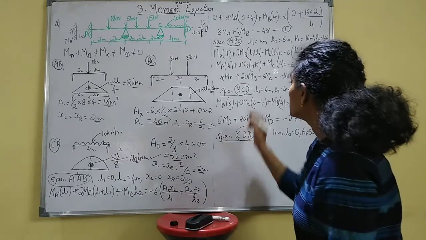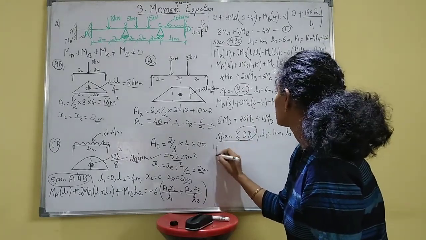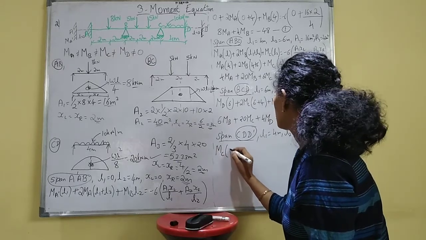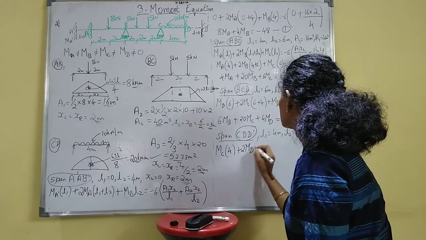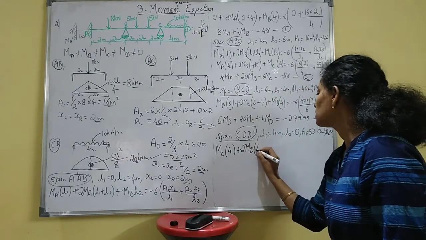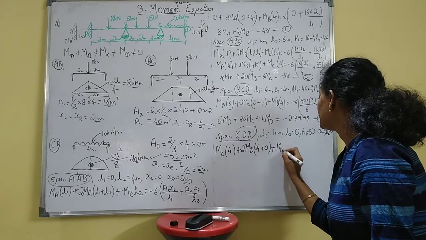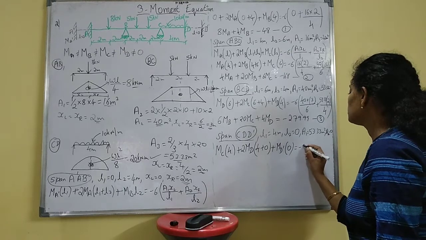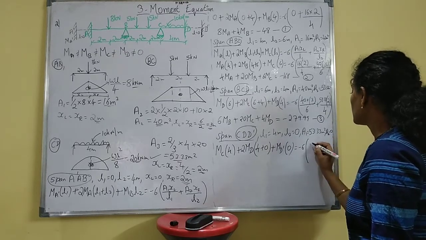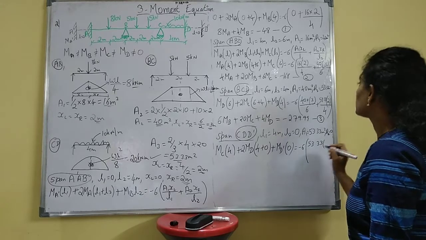Okay, so you have MC into L1, that is 4, plus 2MD into L1 plus L2, that is 4 plus 0, plus MD dash into 0, which is equal to minus 6 A1, that is 53.33, into XL.